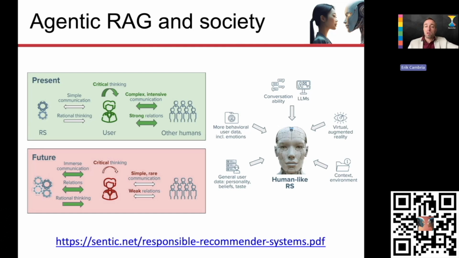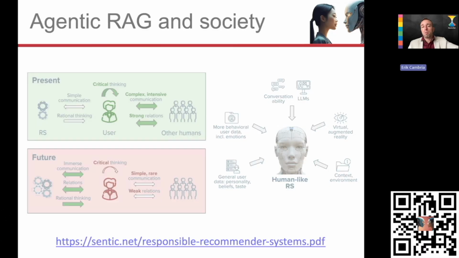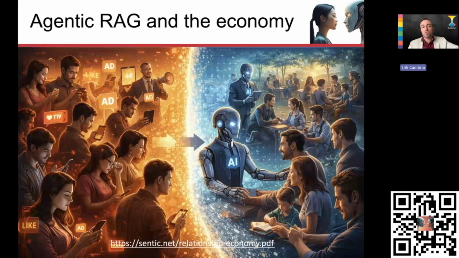And because of this, some are already talking about the transition from an attention economy, which is what we have now, to a relationship economy. Because if we push this to the limit, every company will have their Agentic RAG or their chatbot that is doing things for us, like buying things for us or giving us suggestions about the products of the company.